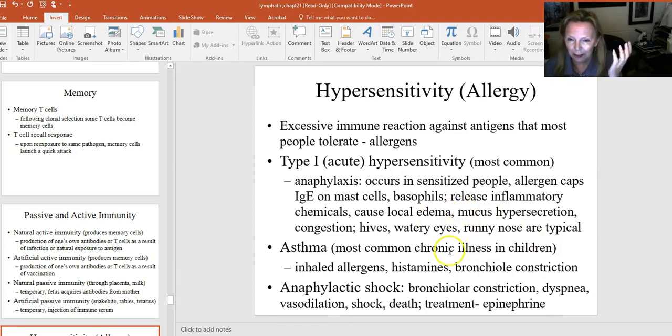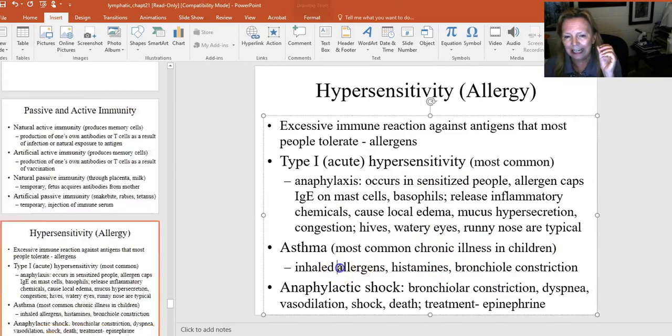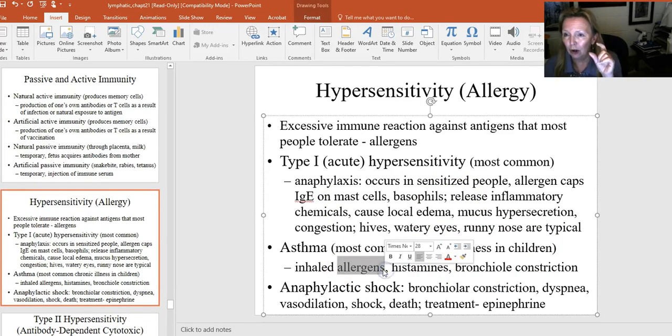But most of you know somebody with allergies, and when this hypersensitivity is actually happening, it is due to allergens. Allergens are really anything that can cause an allergic response.